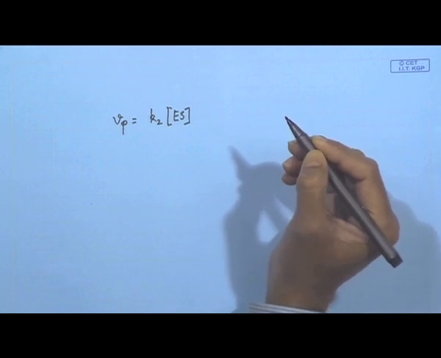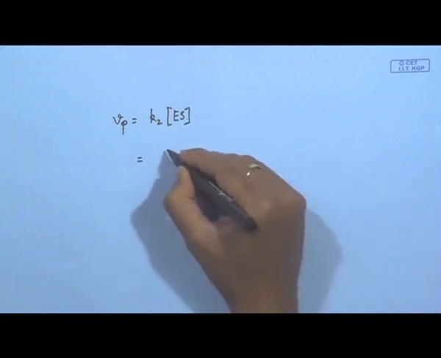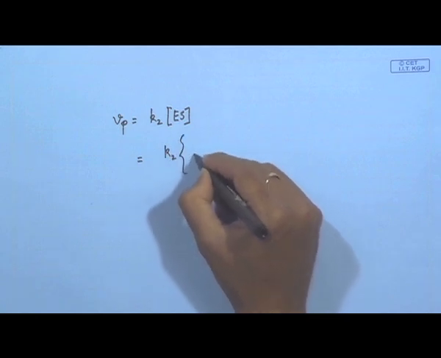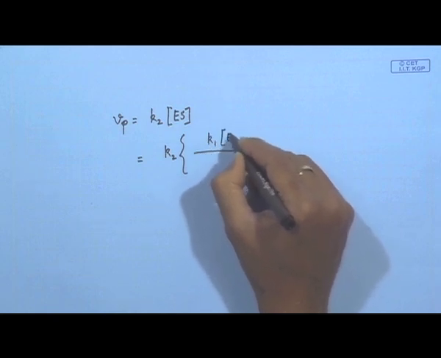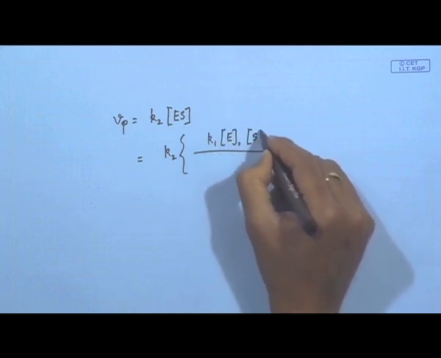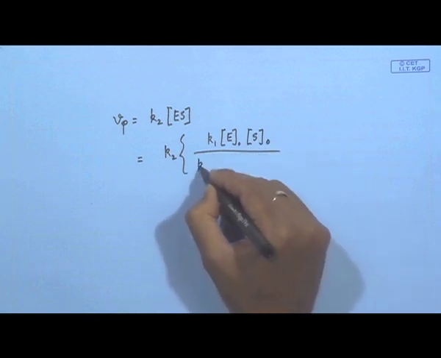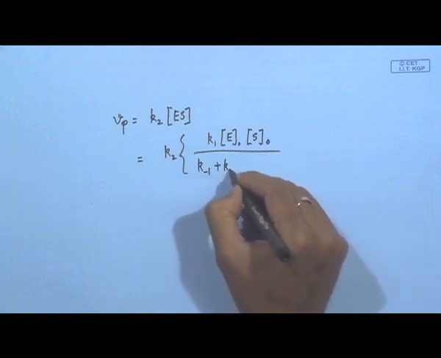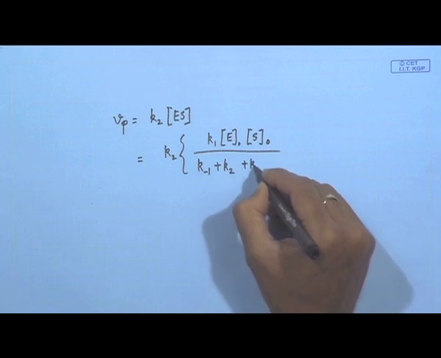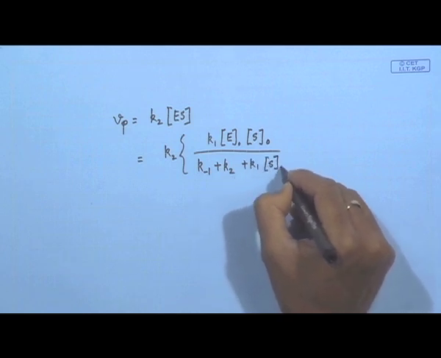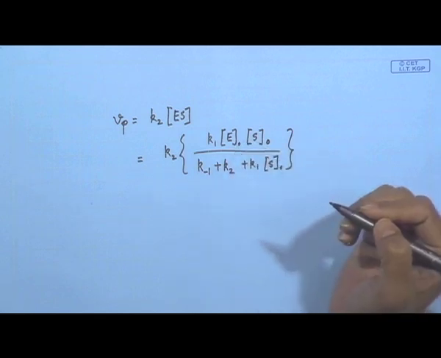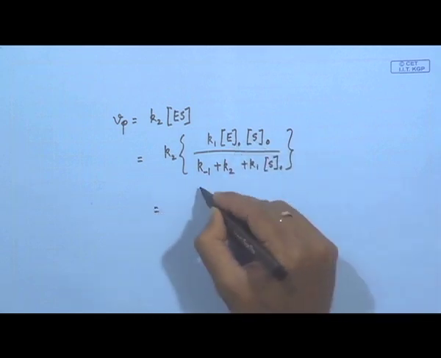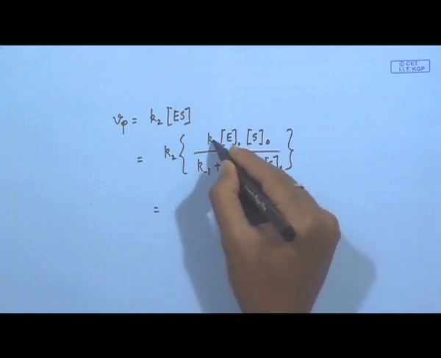Okay, so that means your K2 K1 divided by K minus 1 plus K2 plus K1. Okay, so this is ES. Therefore, this is K2 divided by K1.